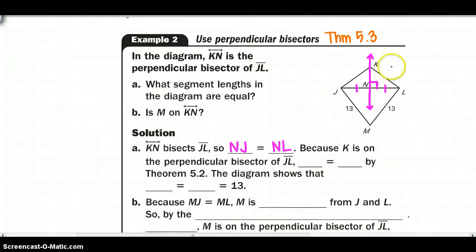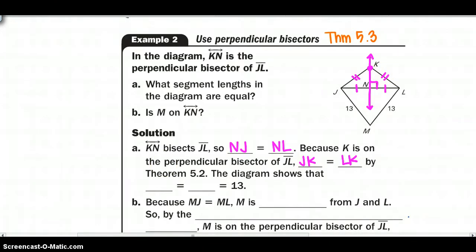Because K is on the perpendicular bisector, I now know that JK equals LK, because of theorem 5.2.